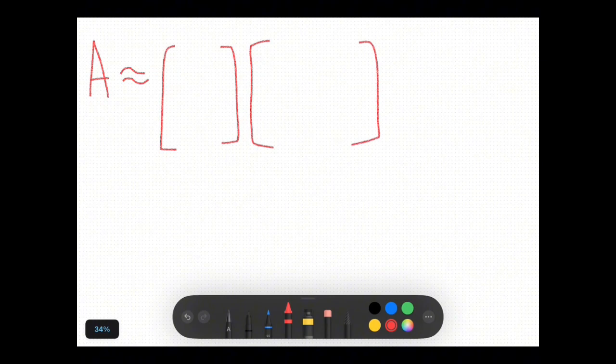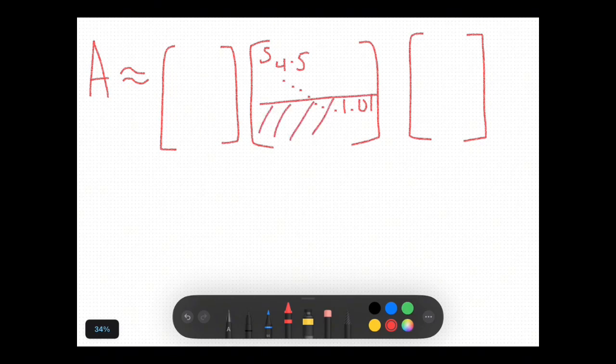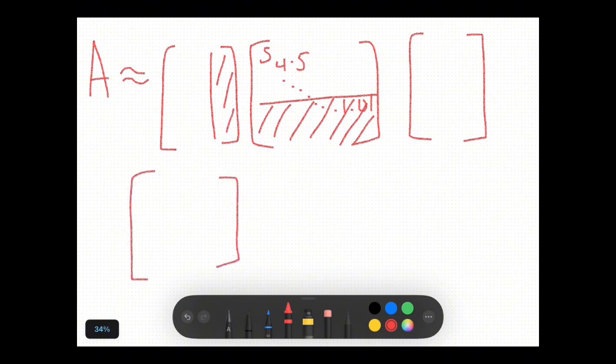These may start with a large singular value 4.5, then 0.1 and 0.01 may not have that much information, so you can think of chopping it off. Correspondingly, you are chopping off the last few columns of U. And then I am thinking about how the matrix dimensions line up.